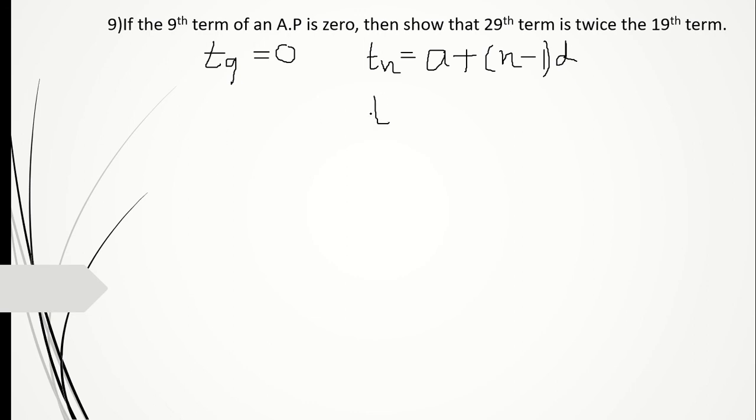So T of 9 would be A plus 9 minus 1. N is 9, right? And 9 minus 1, that is 8D. And T of 9 is 0. So 0 is equal to A plus 8D.